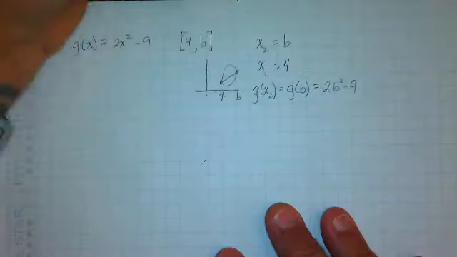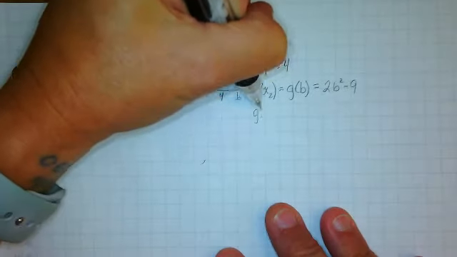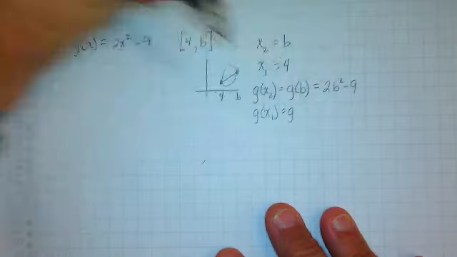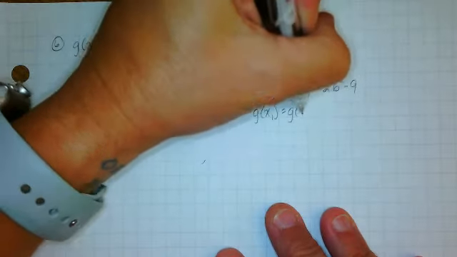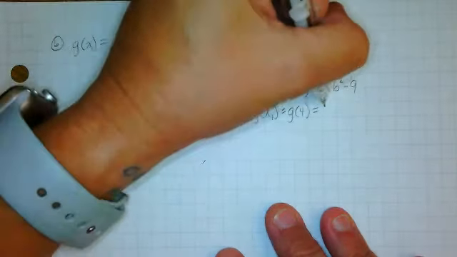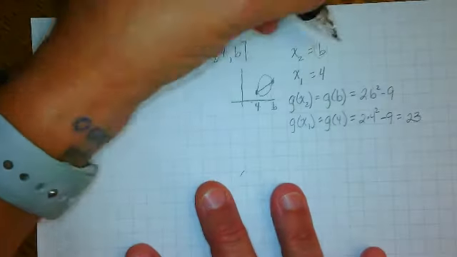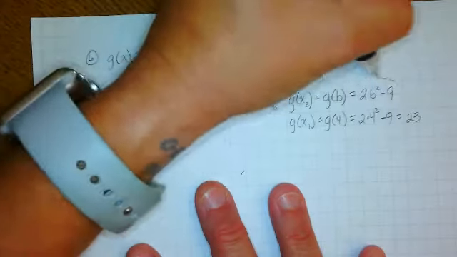Well, g of b would be 2 times b squared minus 9. g of x1 will be whatever x1 is, so g of 4. So that'll be 2 times 4 squared minus 9, which is 23.